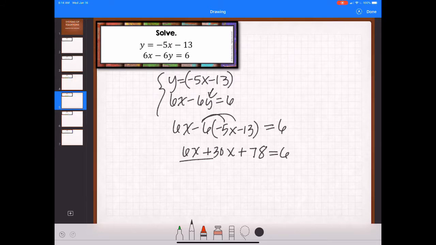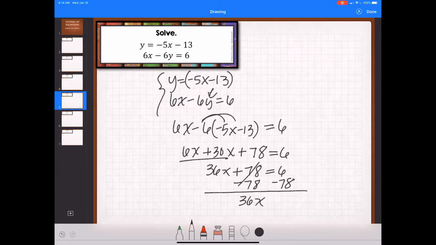And then simplify more, 36x plus 78 equals 6 minus 78. 36x equals 6 minus 78 is negative 72. And then divide by 36. So I get x equals negative 2. So there's the first half of my solution.